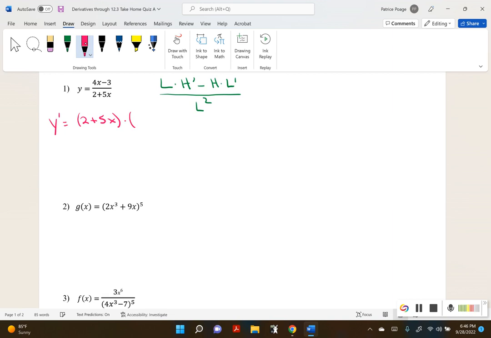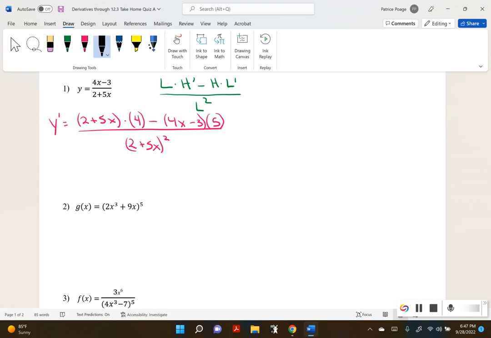D high, the derivative of the high part, derivative of 4x minus 3 is 4. So that's low d high, minus high, I'm just going to write it. D low, derivative of the low part would be 5, over the square of what's below.